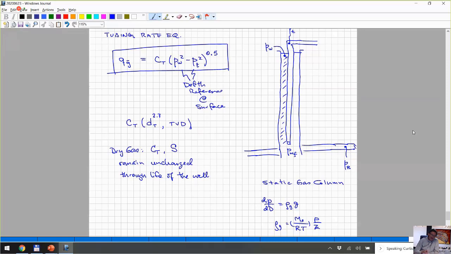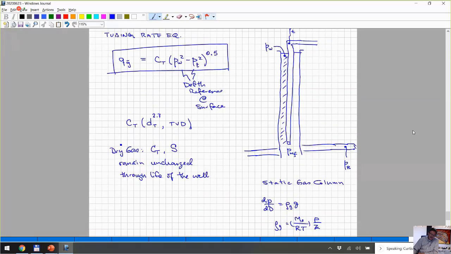So the same form of the equation can very likely be used for gas condensate wells also. It's just that you can't a priori calculate the CT and the S exactly for a gas condensate.